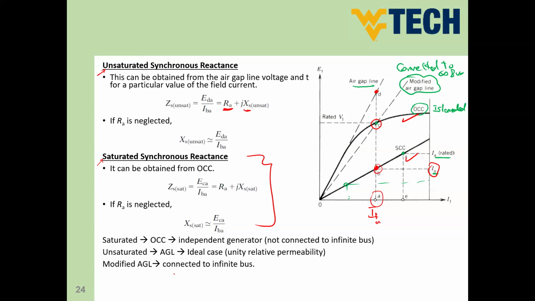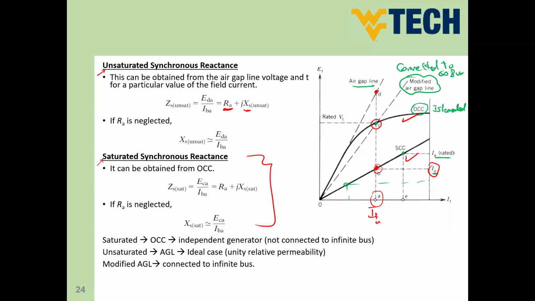The modified air gap line is used all the time if the generator is connected to the infinite bus. So this is the parameters identification, and when we can use these curves that we can see in this graph.